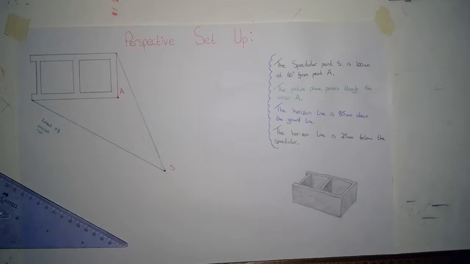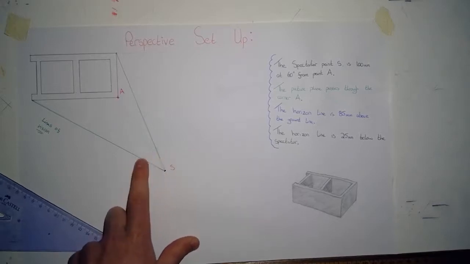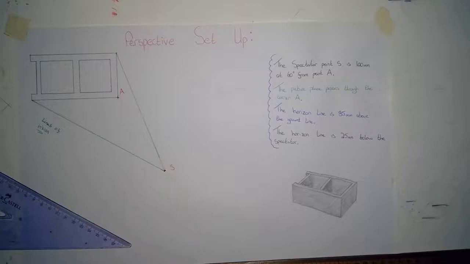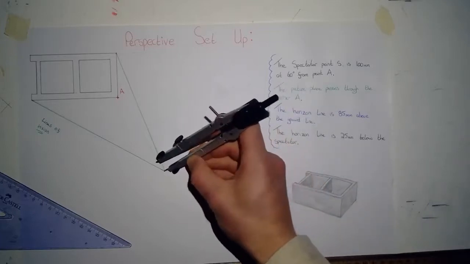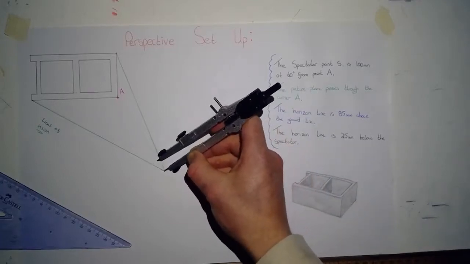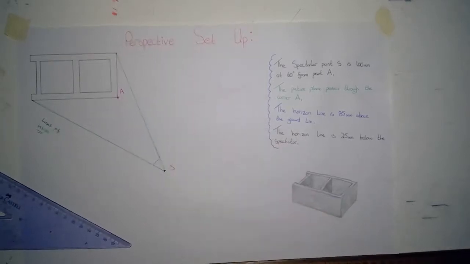So our next step now is to bisect the angle in between our lines of vision. So to bisect an angle, we use our compass. We extend our compass any distance, just a random distance, like so. The point of our compass goes in the corner of the angle, in this case on the spectator, and we swing an arc, touching both lines of vision.